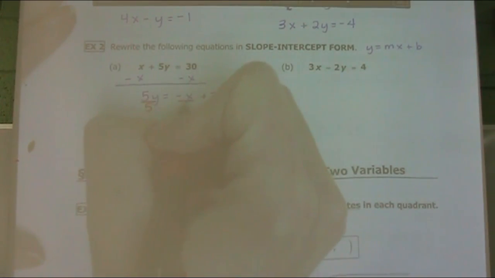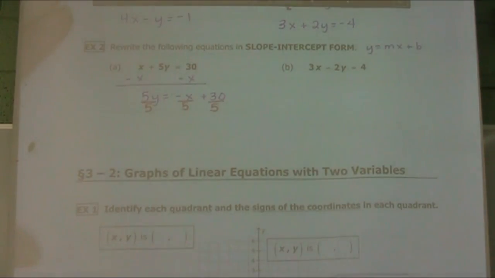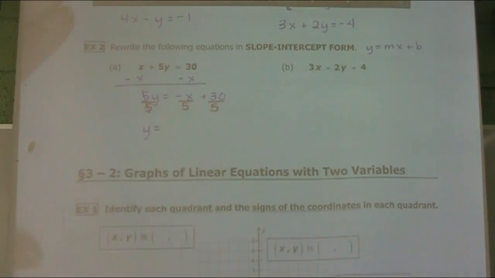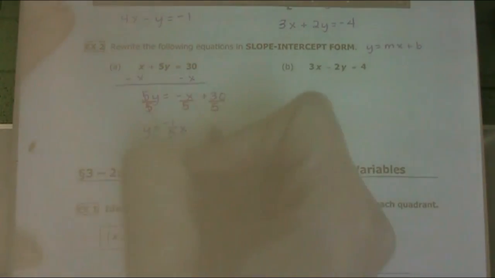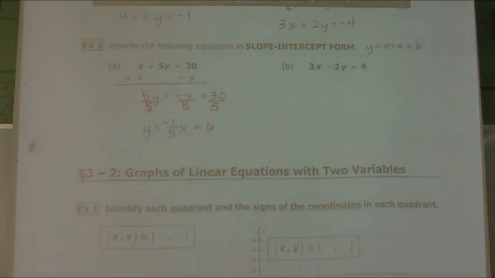But it's okay that I'm going to create some fractions, because fractions are okay on the right-hand side of this equation. So here the 5's cancel, and I have y equals. This you can write as -x over 5 or -1/5 x. Either way, 30 divided by 5 is 6, so plus 6. And remember, it's okay to have fractions or decimals on the right-hand side of slope-intercept form.